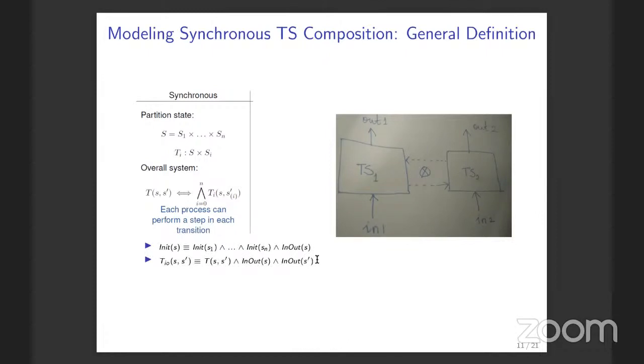Now, there is a little bit of a technical difference that I'm showing here. The convention that I used is, if you include the inputs of every subcomponent as part of its state, that is one way to do it, which is the way that I've described.